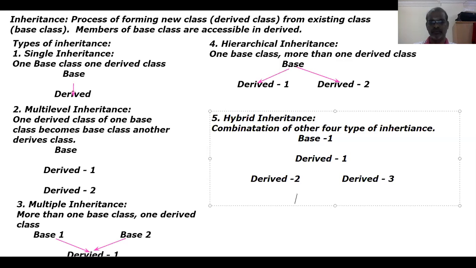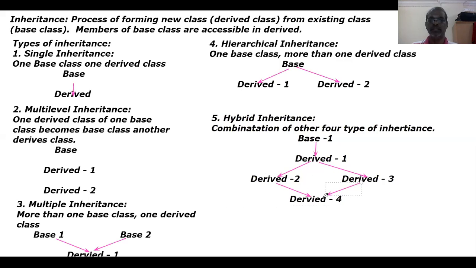Under this, derived four. So from derived one to derived two, as well as derived one to derived three, derived two to derived four, derived three to derived four.